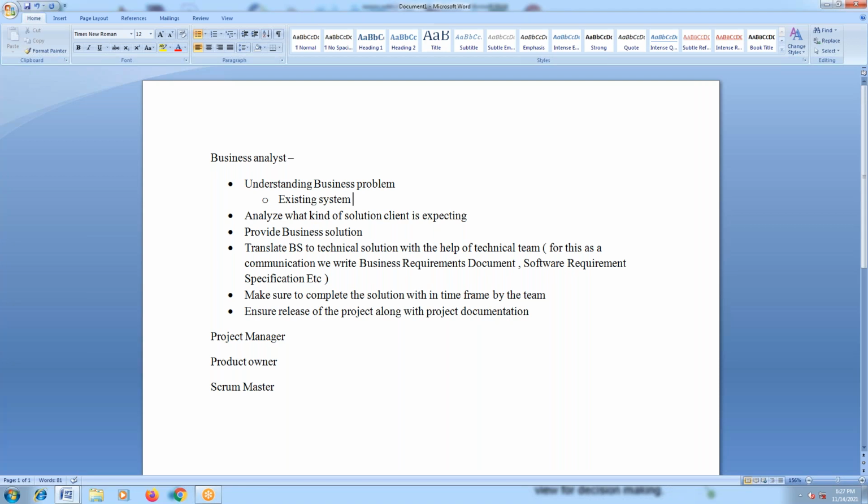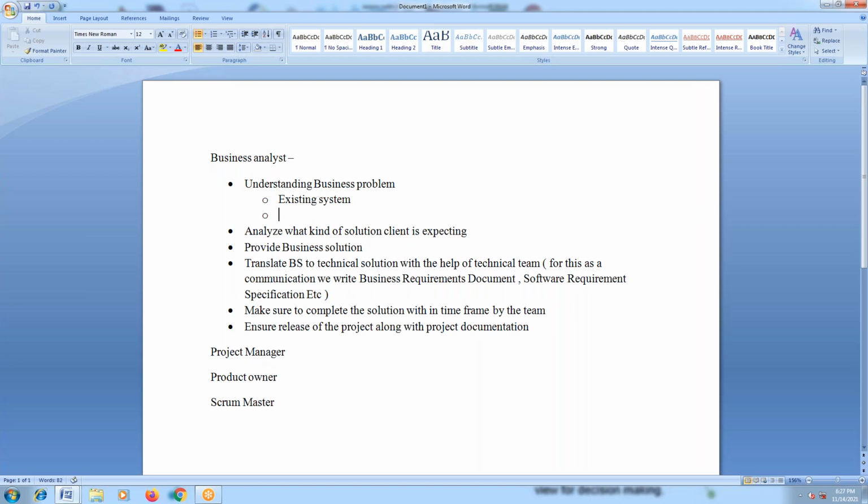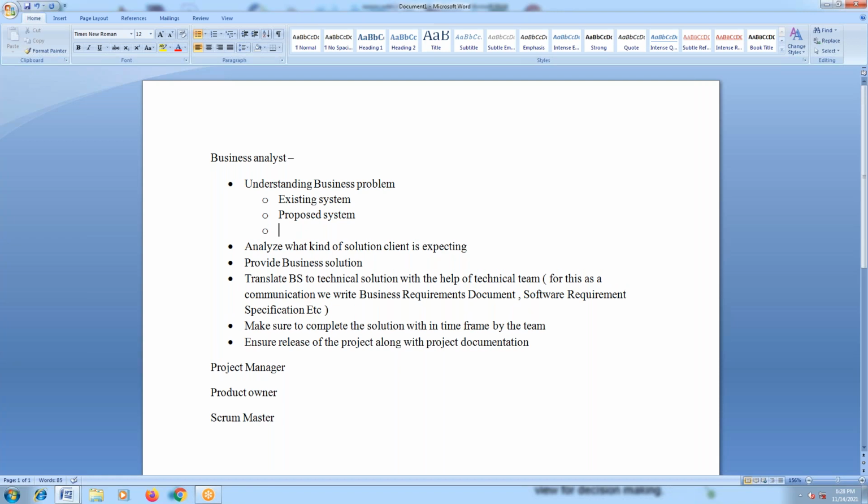First of all, you have to study the existing system, right? After that, the system proposed by the client, and then the future system. So usually there are three kinds of systems.